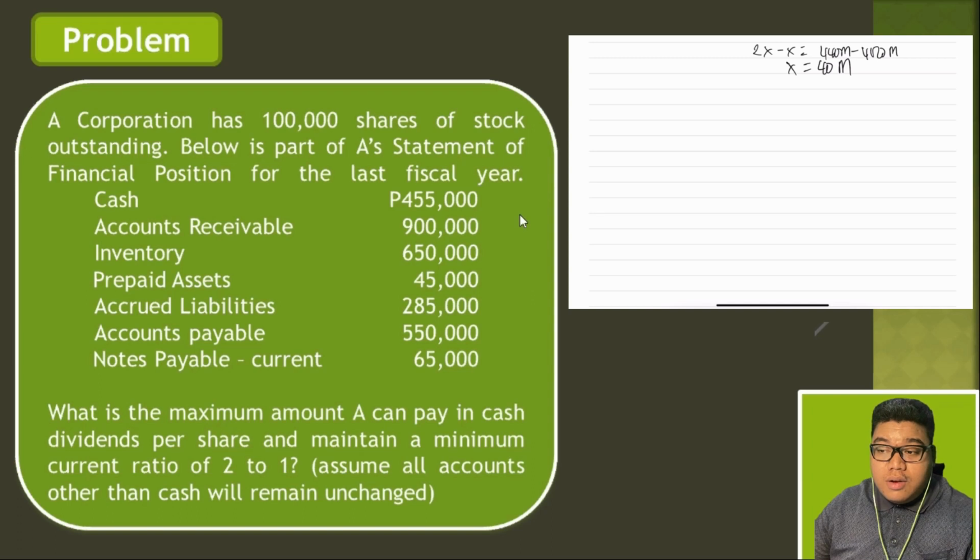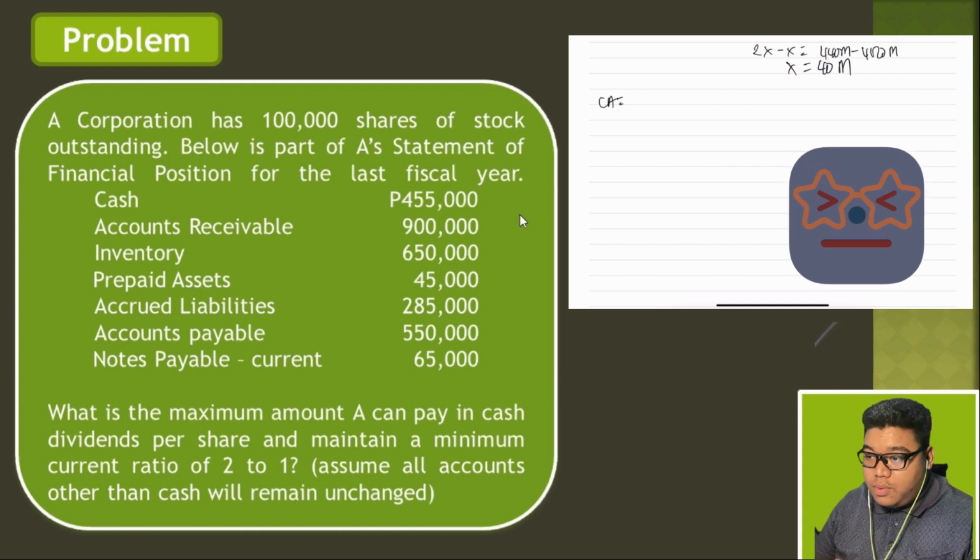So in here, we have our current assets. How much would be our current assets in this? We have 455,000 plus 900,000 plus 650,000 plus 45,000.